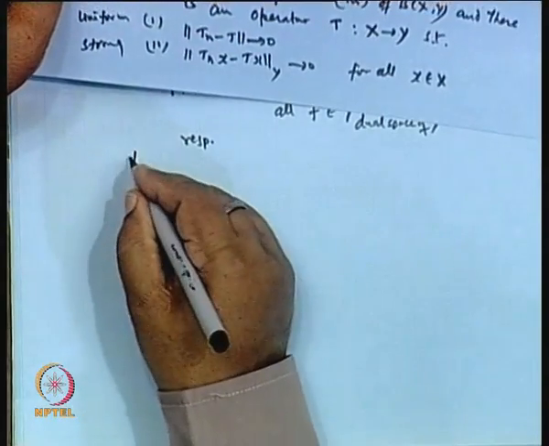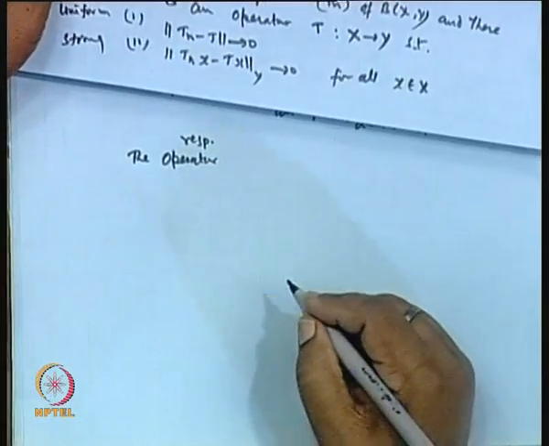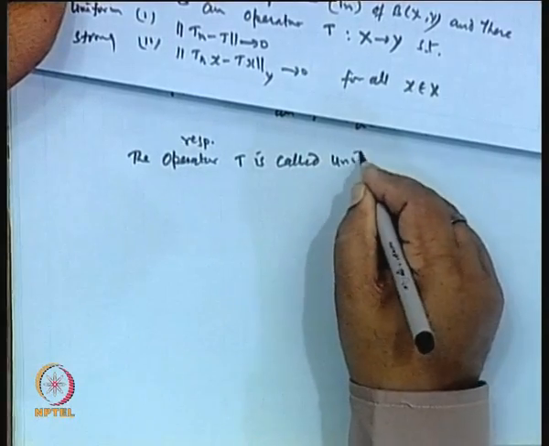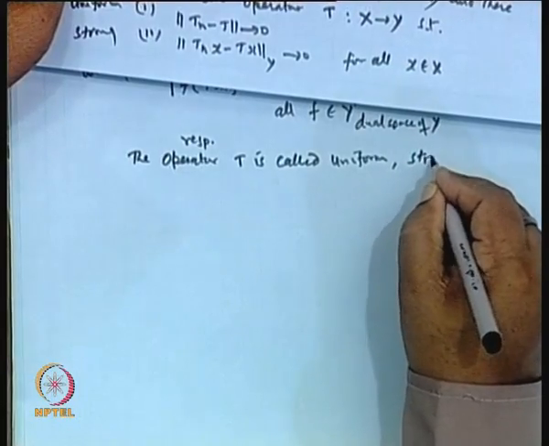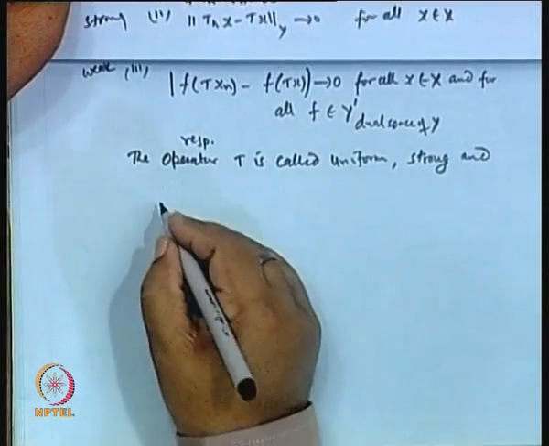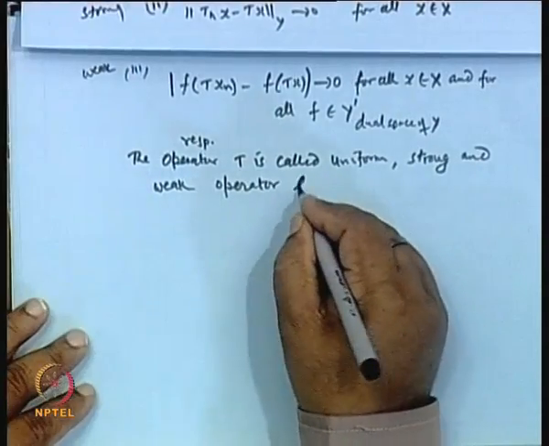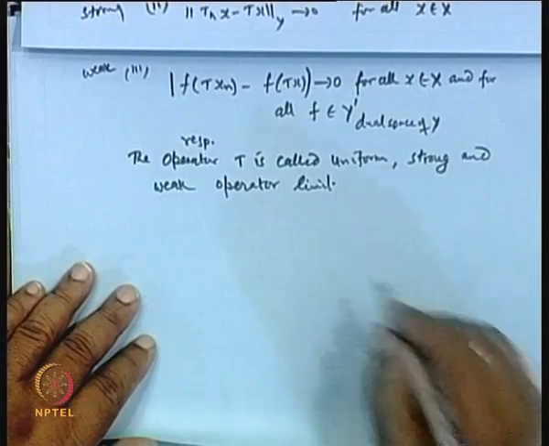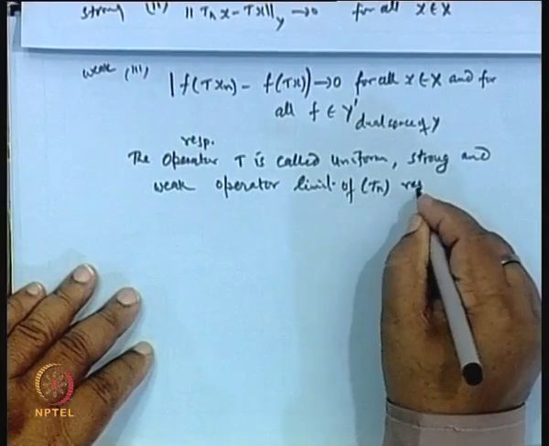The operator T is called the uniform, strong, and weak operator limits of T_n respectively.